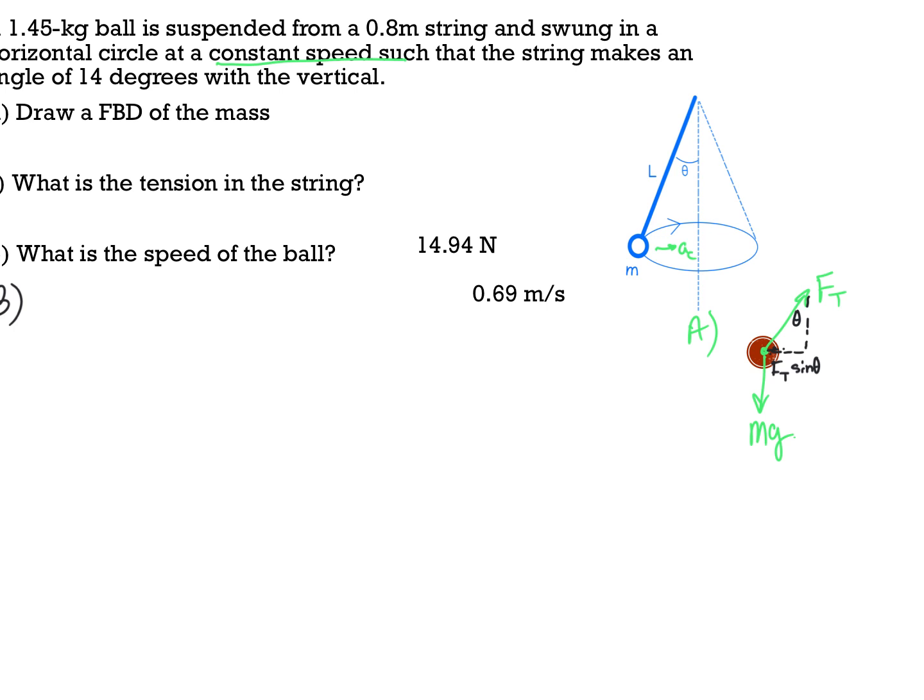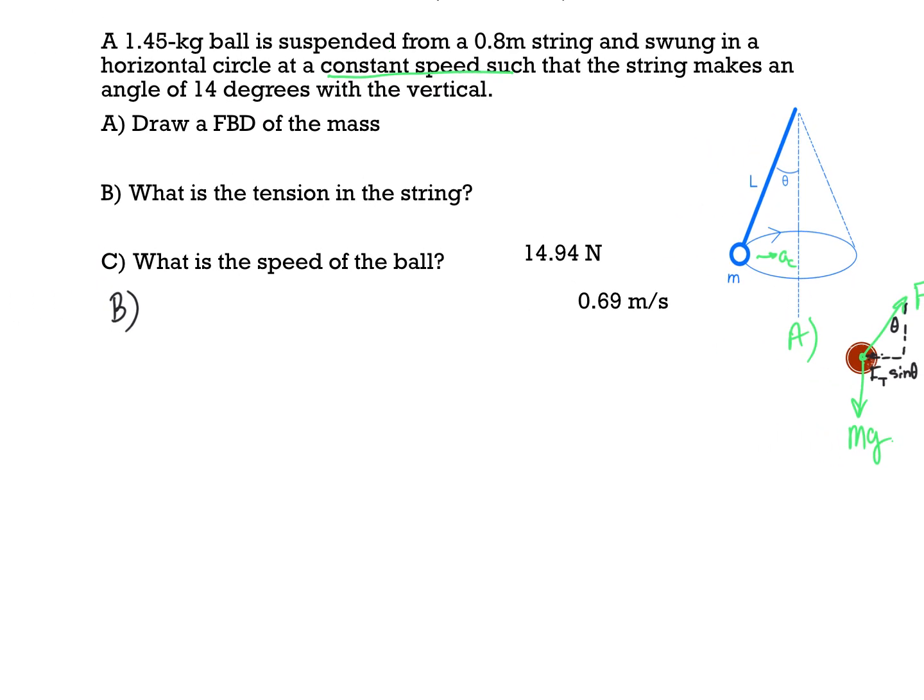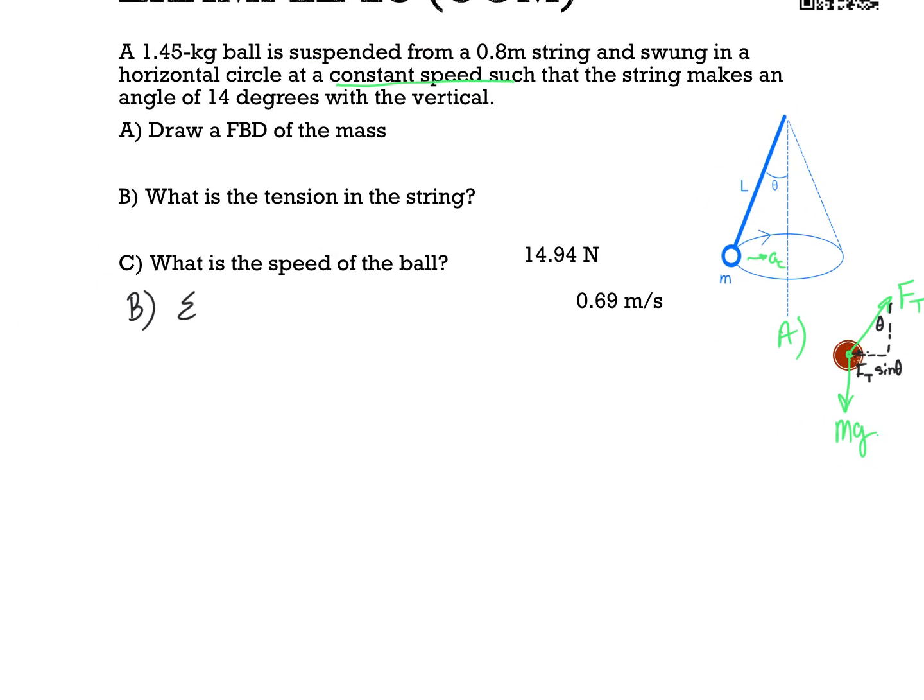That's that portion, isn't it? So F sub t sine theta is going to be acting towards the center of the circle. So the sum of forces for B, centripetal, is going to be mass times centripetal acceleration, which is just F sub t sine theta. Which means that this is going to be what?